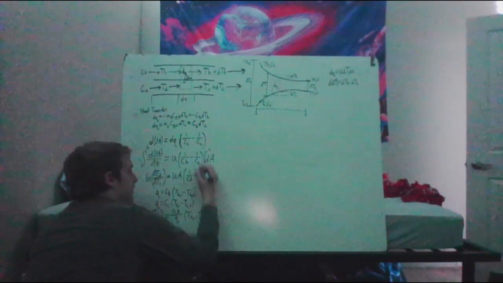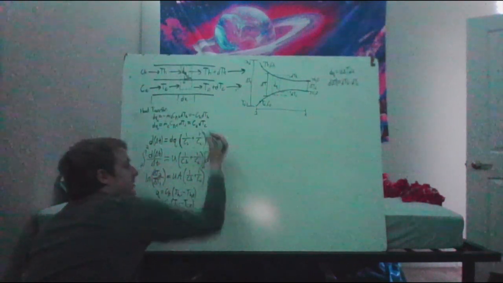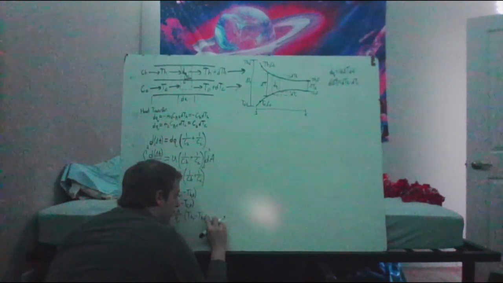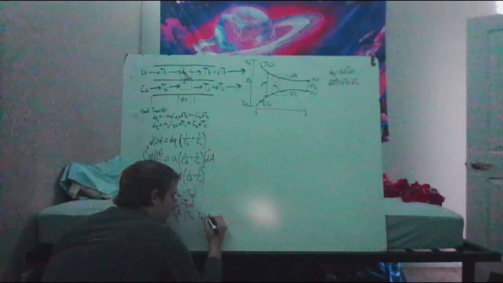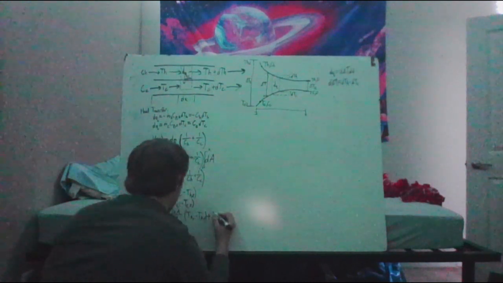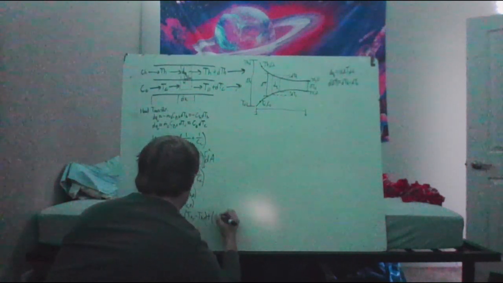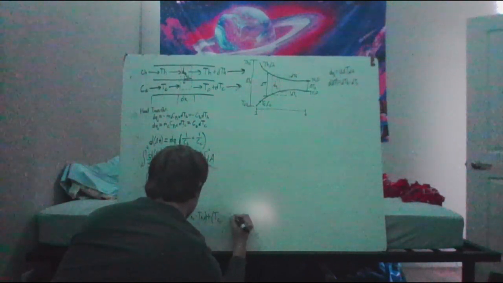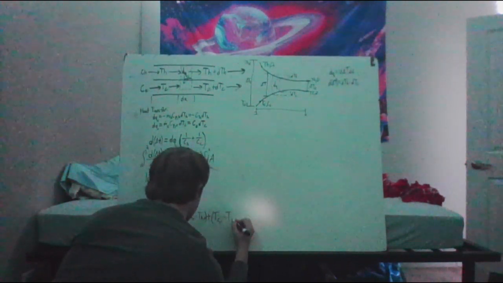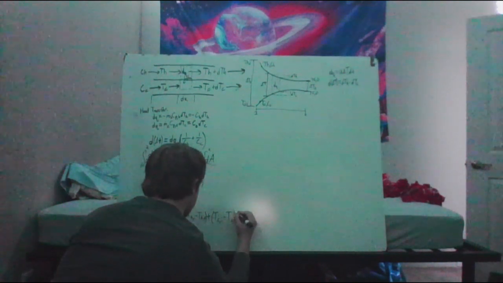And then these should be plus signs actually, because this should be a plus in between these two. So plus, and then we have our T CI minus T C0.